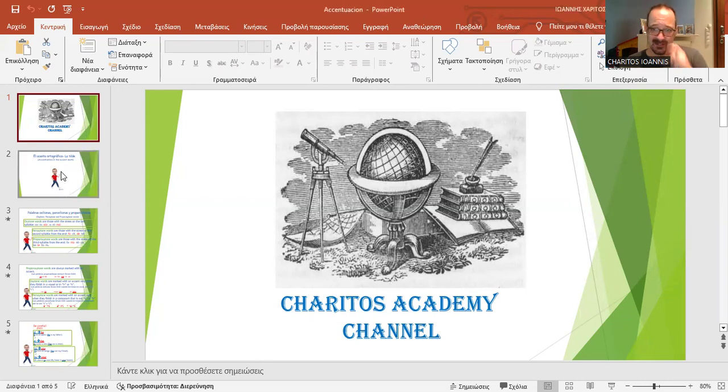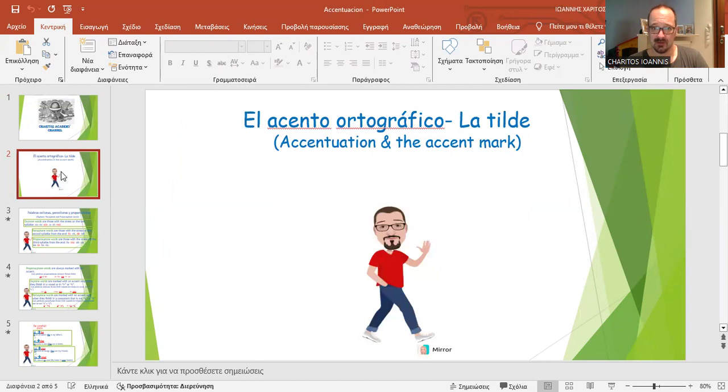So today I decided to talk to you about el acento ortográfico y la tilde, which means the accentuation and the accent mark. If you know, all words are stressed in a specific syllable.